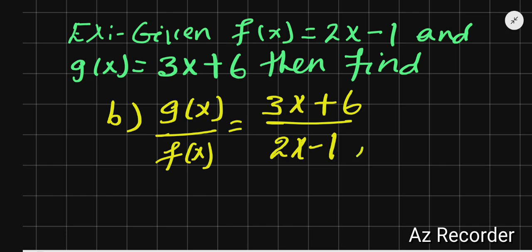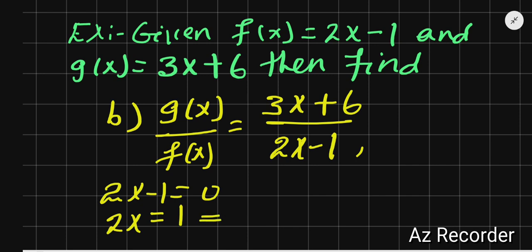And now the restriction: if you make this denominator equal to 0, you will get the restriction here. That is, equate 2x minus 1 with 0. Now from this, by shifting minus 1 to the right, you have 2x is equal to positive 1. To have x, divide both sides by 2, and this cancels by this.